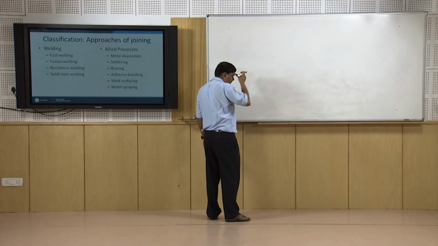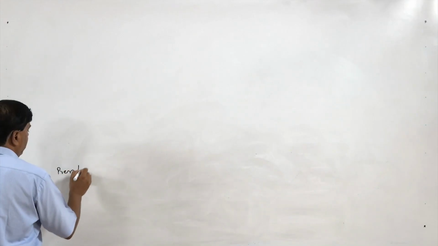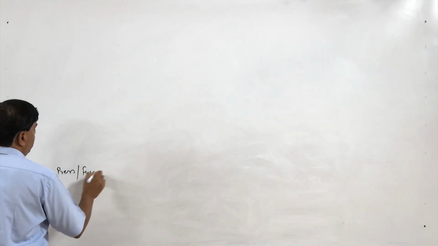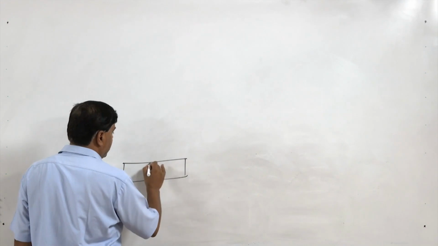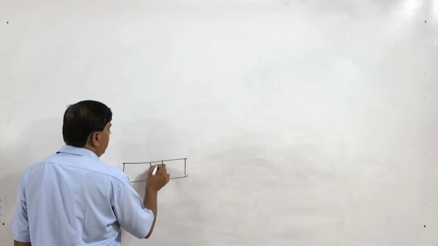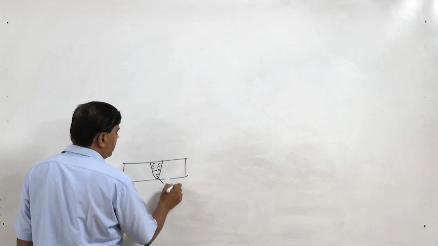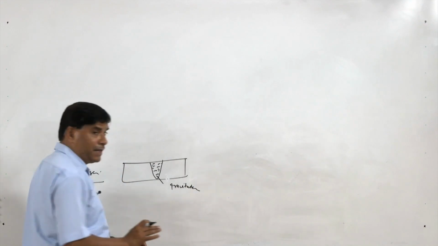Now, we have the other classification, like pressure and fusion welding. In fusion welding, the melting of the faying surfaces is achieved and the solidification of the molten pool is allowed under normal gravitational conditions without any external force.